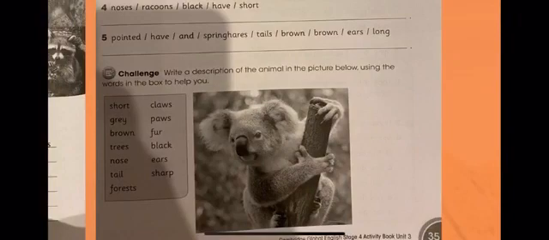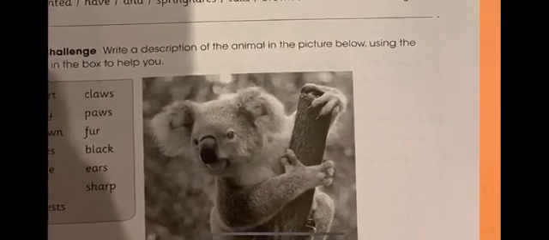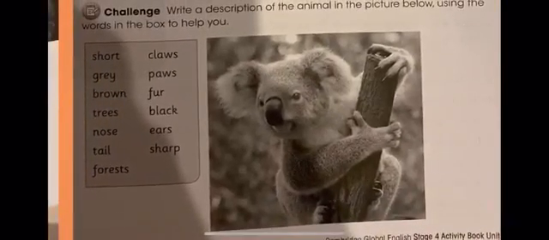Then comes the last point. It's a challenge. It's written: write a description of the animal in the picture below using the words in the box to help you. Such a cute animal. I'm going to tell you the name of this animal because it's not common in our country.